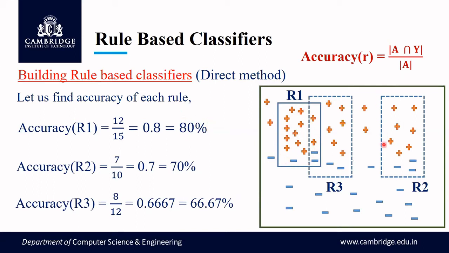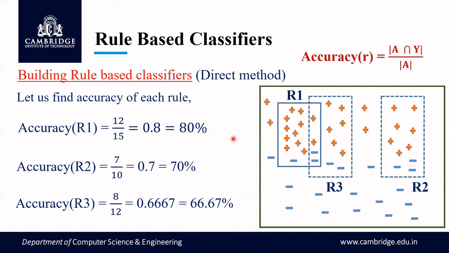For R2, I have considered this entire box as R2 and these examples here and calculated the accuracy with respect to the training records. Similarly, for R3, I have considered these without removing those in the intersection part of R1 and R3. I have not removed it. Without removing, I have considered R3 as a whole and calculated this accuracy. So that is what we have done. The calculation of accuracy is done here.